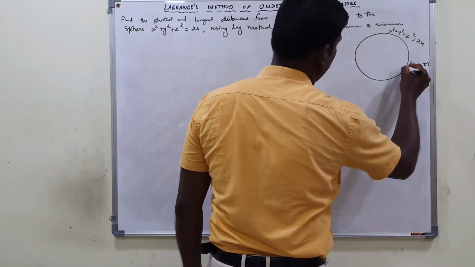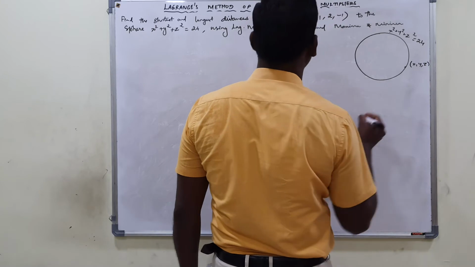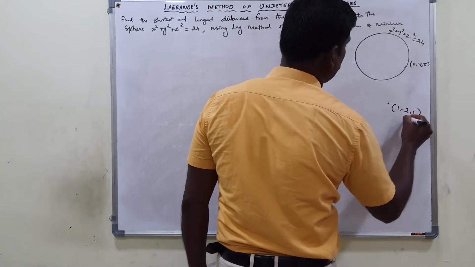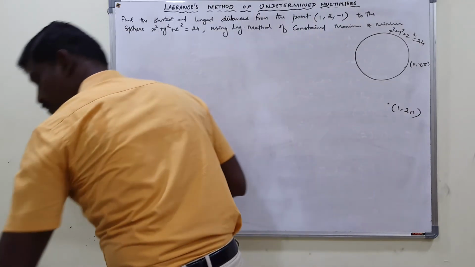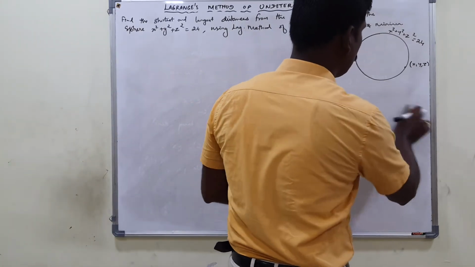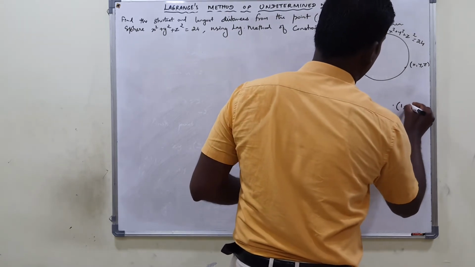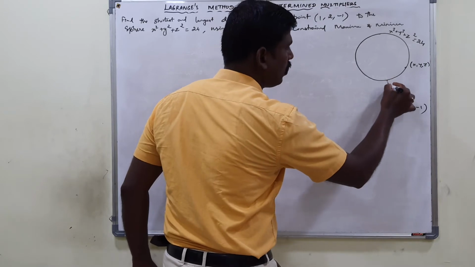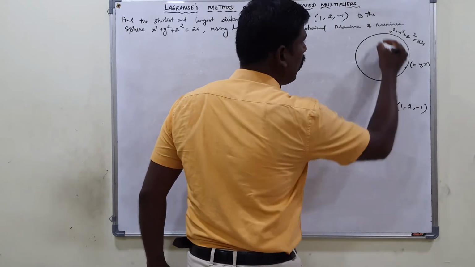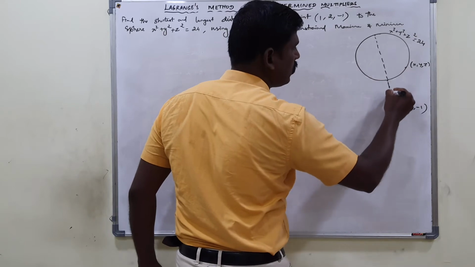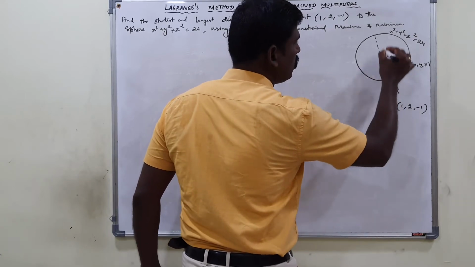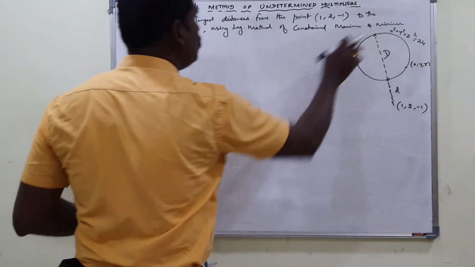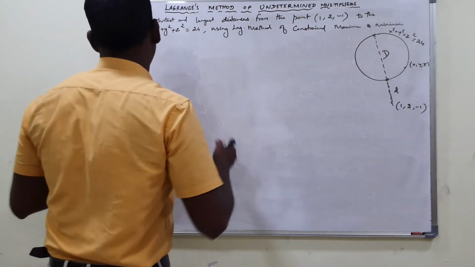I am going to find out the shortest and largest distance from the point 1 comma 2 comma minus 1 to the sphere. Okay, so this is the shortest distance, this is the largest distance, from the point to the sphere. Okay, right? That's all.